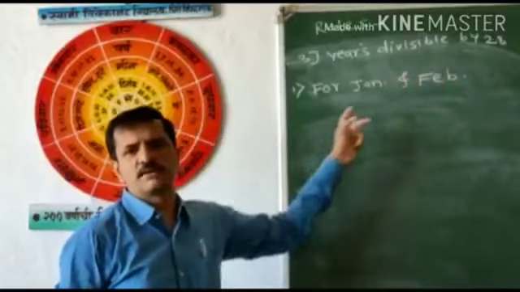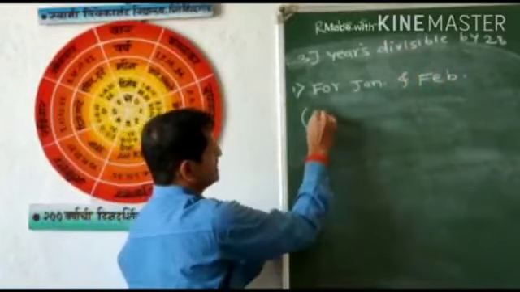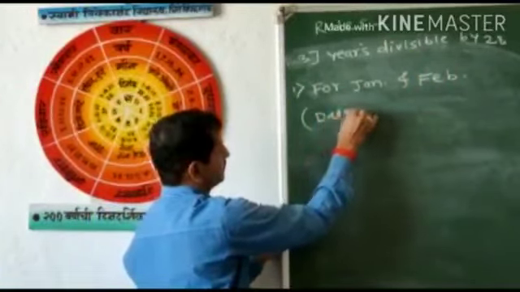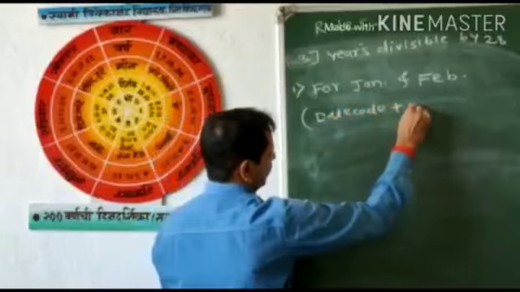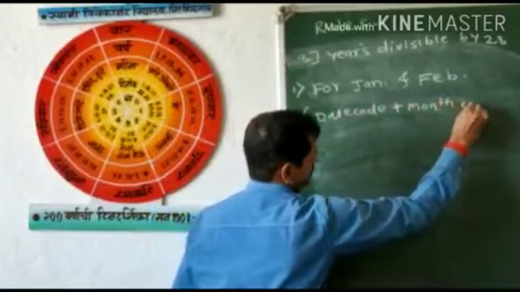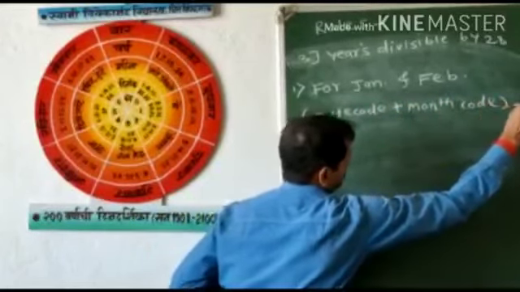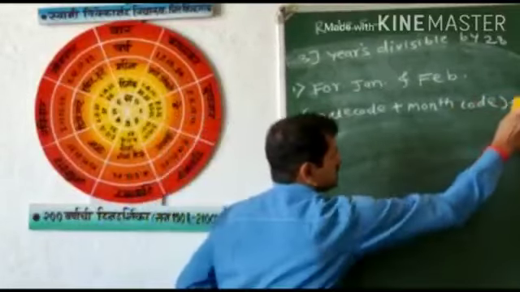For the months of January and February, there is a rule, that is date code plus month code minus 2.